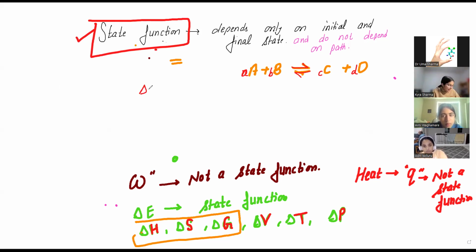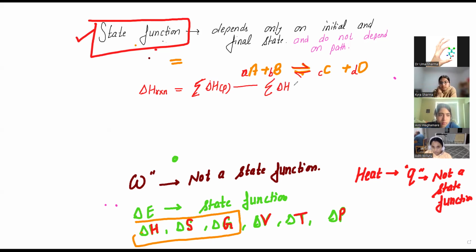Delta H of the reaction will be the summation, meaning adding the enthalpies of the products, minus the summation of enthalpies of the reactants. So you'll be doing some questions based on this equation. Now enthalpies of the products will be given to you.